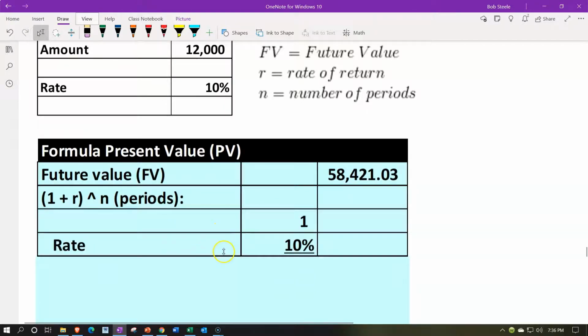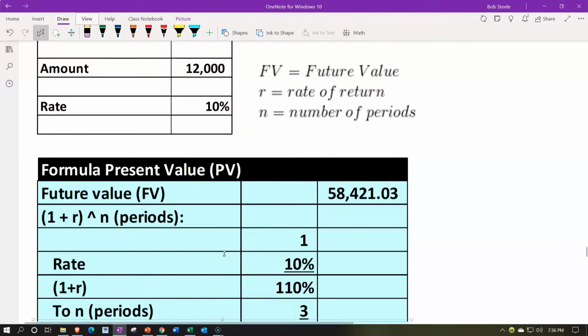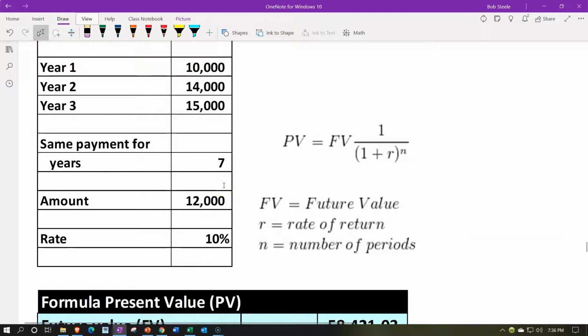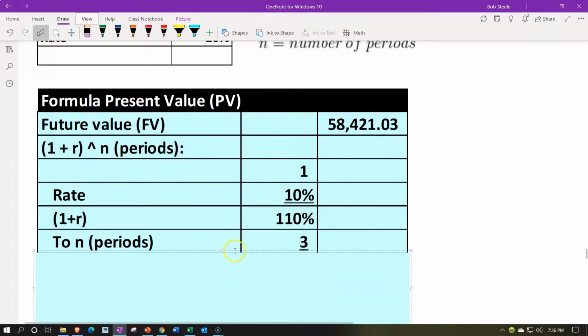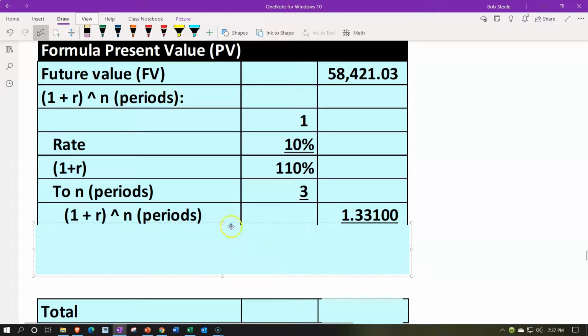So there's the 1, the rate 10%. There's the 110, adding the 100 and the 10% to the power of 3, because the annuity started 3 periods out. We present valued it. Now we're taking that present value amount back to the current period. And that gives us 110% to the power of 3 gives us 1.331.